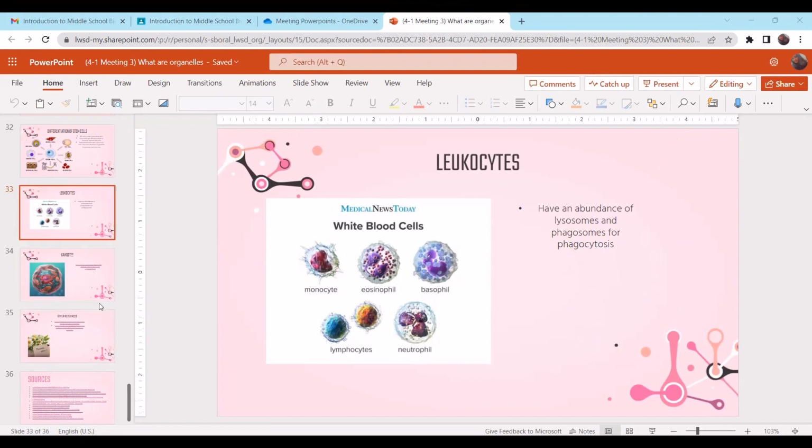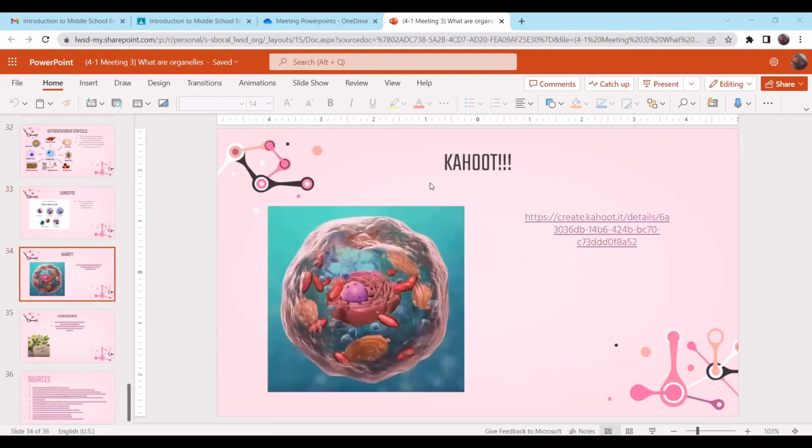Okay, now we do have a Kahoot. You can type in the chat if you want to do the Kahoot. It's just about cell function and cell organelles. For the people that are in the meeting right now, we can do the Kahoot or I can review answers for it maybe.